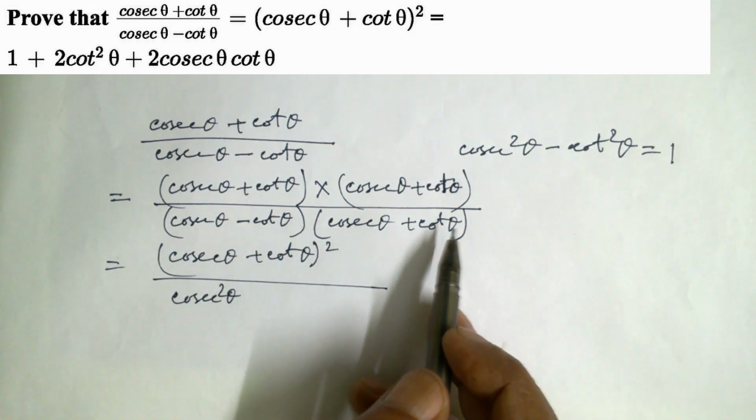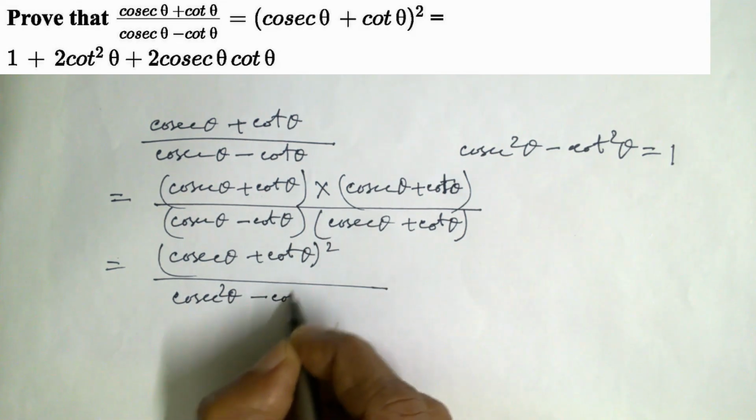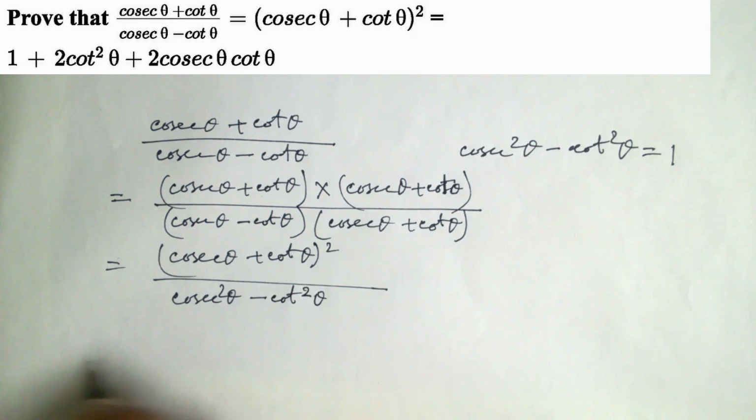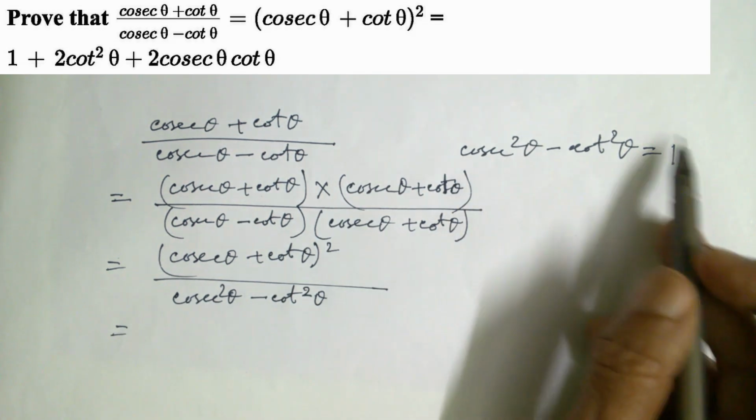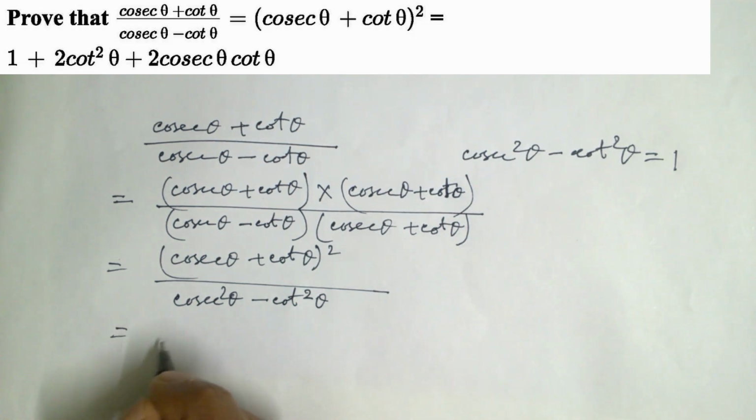Use the formula a square minus b square. So already here is the formula written, cosec square theta minus cot square theta is equal to 1. So finally this is 1 and we reduce this.